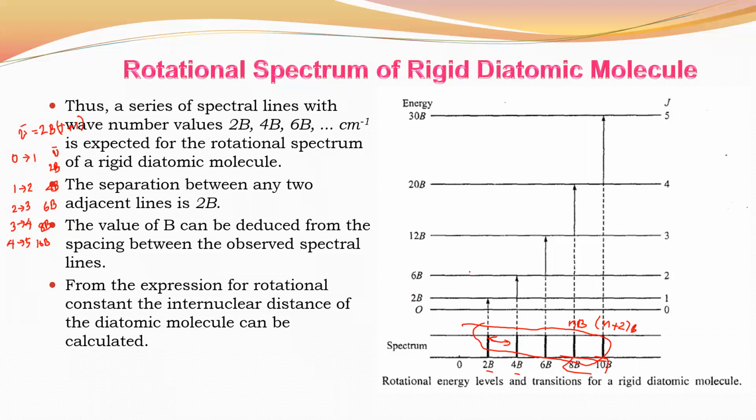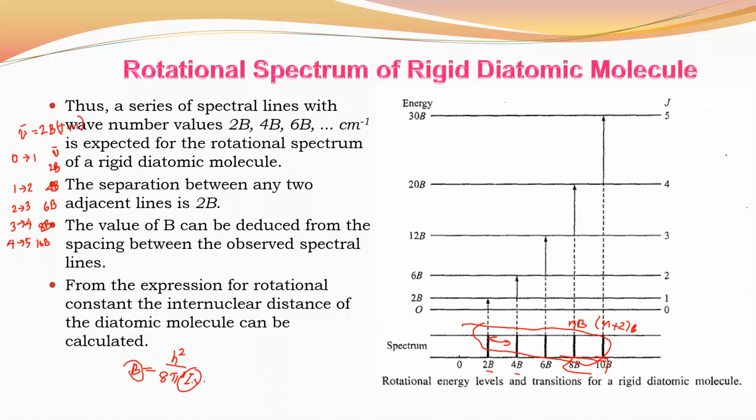Then, obtaining the value of B, we know that the expression of B is equal to h square divided by 8 pi square I. h is a constant, so we can obtain the value of moment of inertia. From this spectrum we obtain B, and all the other quantities are constant.